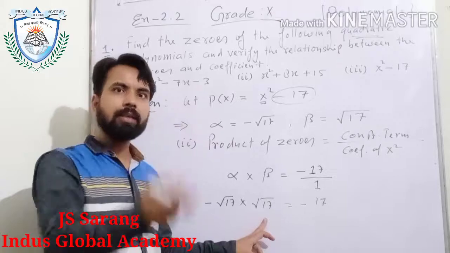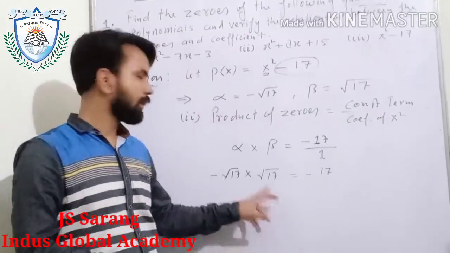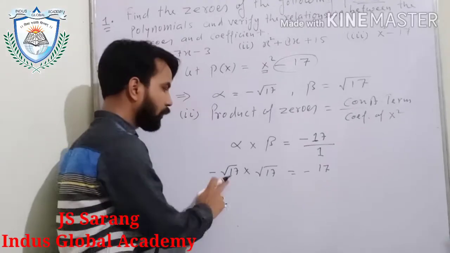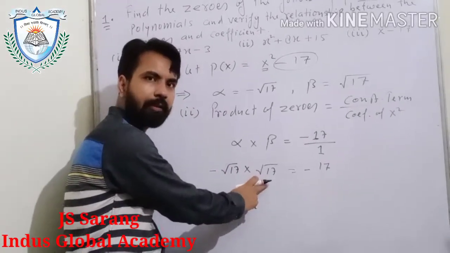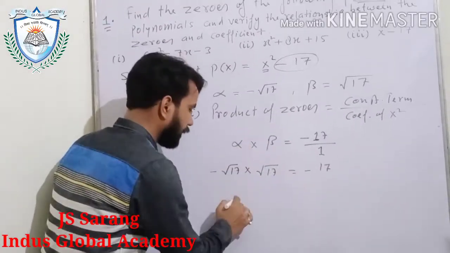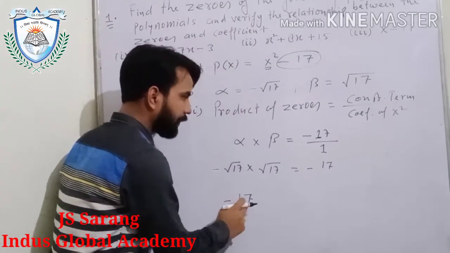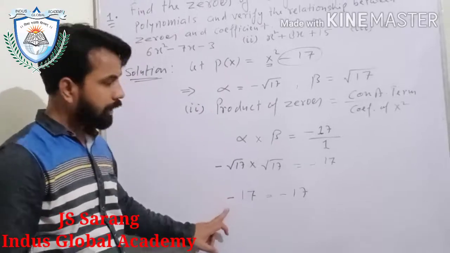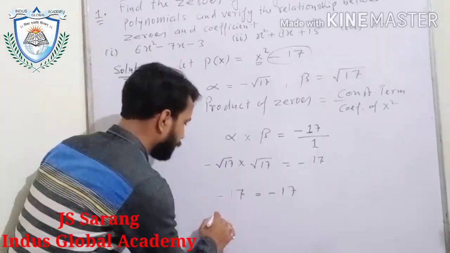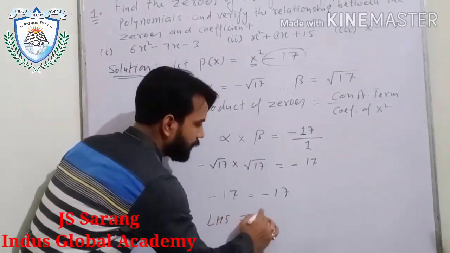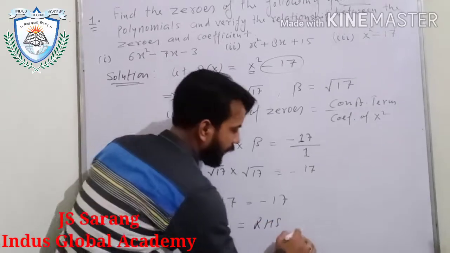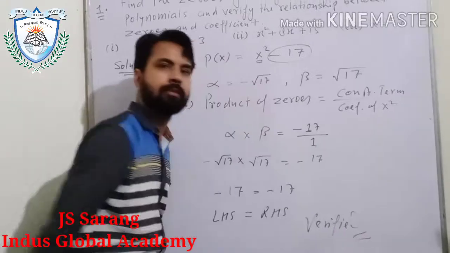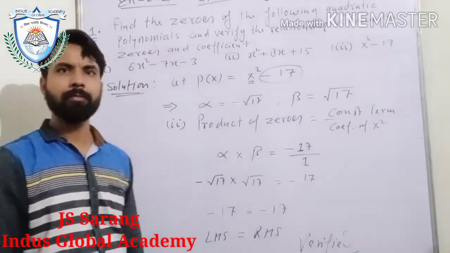If square is there and square root is also there, the square root is removed, so the product of root 17 and root 17 gives you 17 only. So minus 17 is equal to minus 17. Again, LHS is equal to RHS, hence it is verified. Clear? Understood?